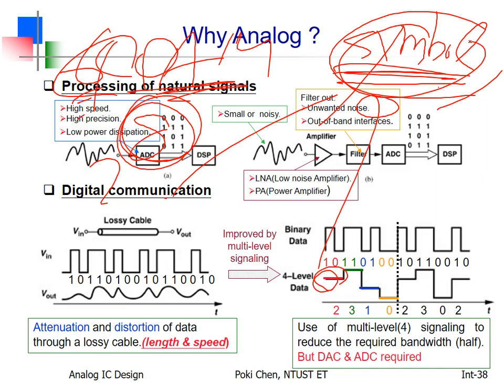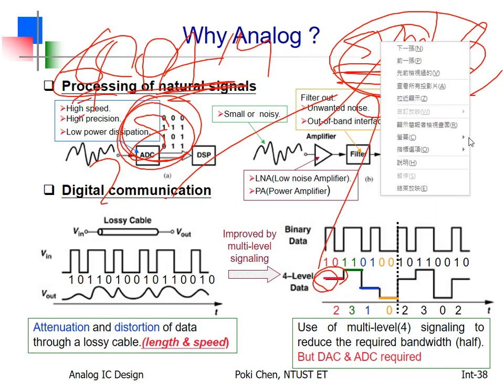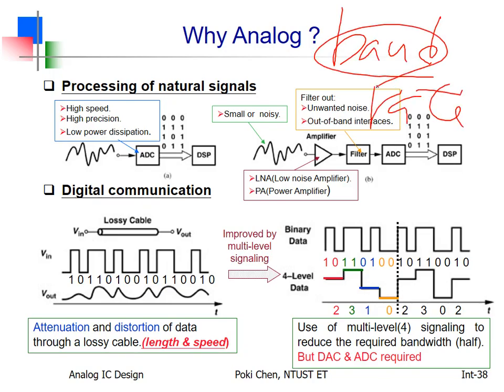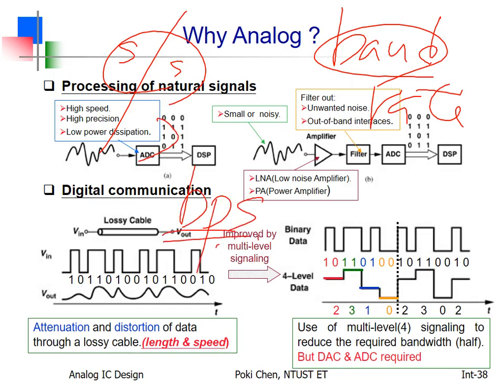Okay, and also, according to communication theory, we have the so-called Baud rate. Hopefully my spelling is correct. Baud rate. Yeah. Baud rate means what? How many symbols you can transmit per second. Usually that is much larger than bit per second.